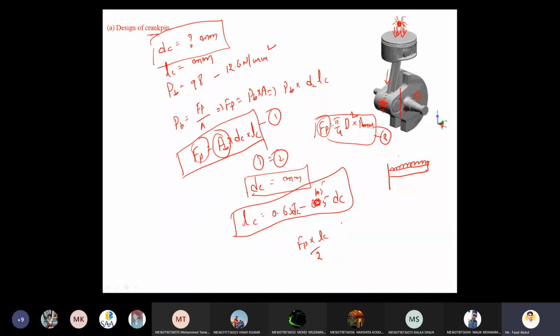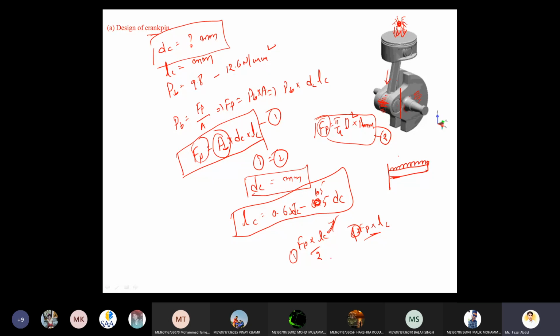The greatest value of bending moment is Fp into Lc by 2 and Fp into Lc; two magnitudes are acting there, because of the continuous subjecting to fluctuating load.